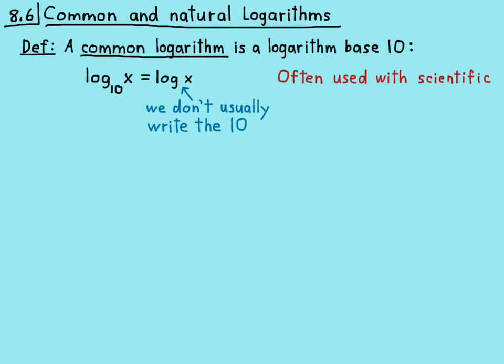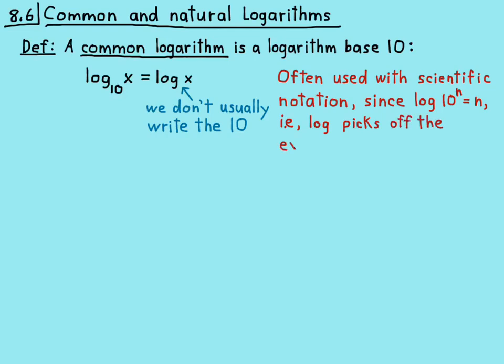So this is often used with scientific notation. In fact, that's the most common use for this, is with scientific notation. Because log of 10 to some power is just the power. So it's a way to keep track of the exponents of 10. In scientific notation, remember, you have a number between 1 and 10, strictly less than 10, so up to like 9 point something, times 10 to some power.